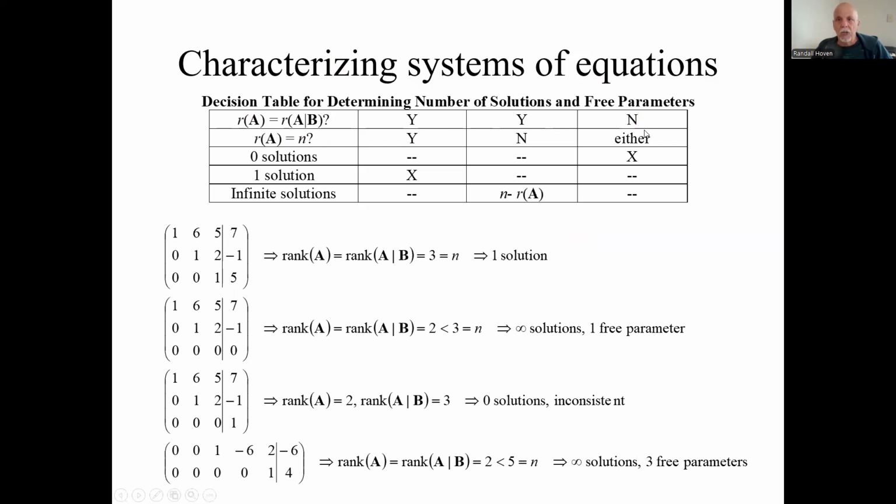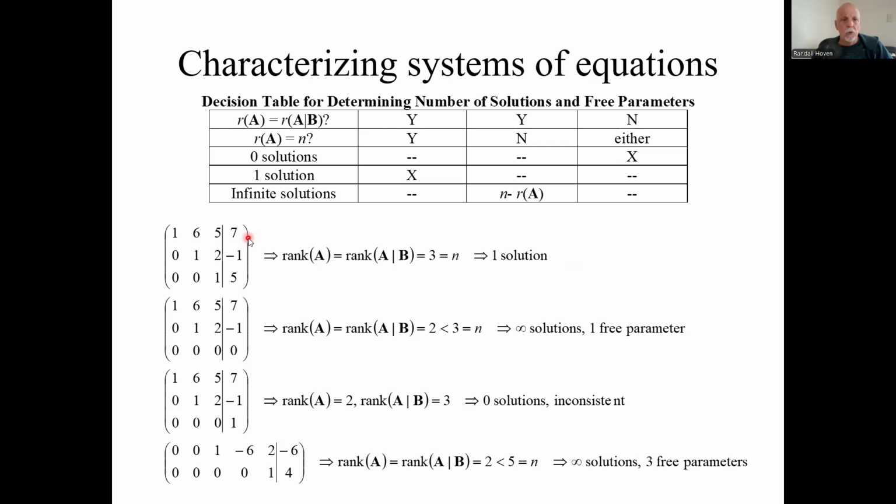If the answer is no, this part doesn't matter, because if this isn't true, you have zero solutions. It's an inconsistent system. If the answer to both is yes, you have exactly one solution. And if you're in this column, meaning these two are equal, but the rank of A is less than n, then you'll have an infinite number of solutions. And this tells you how many free variables: n minus the rank of A.